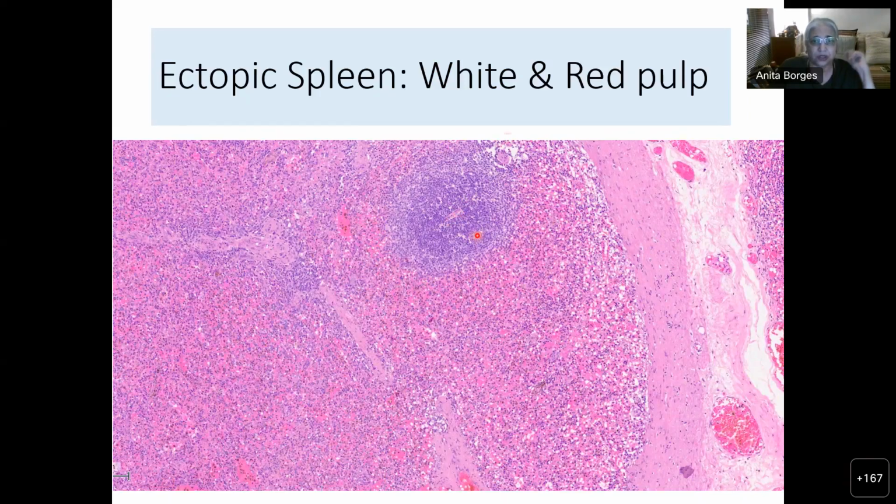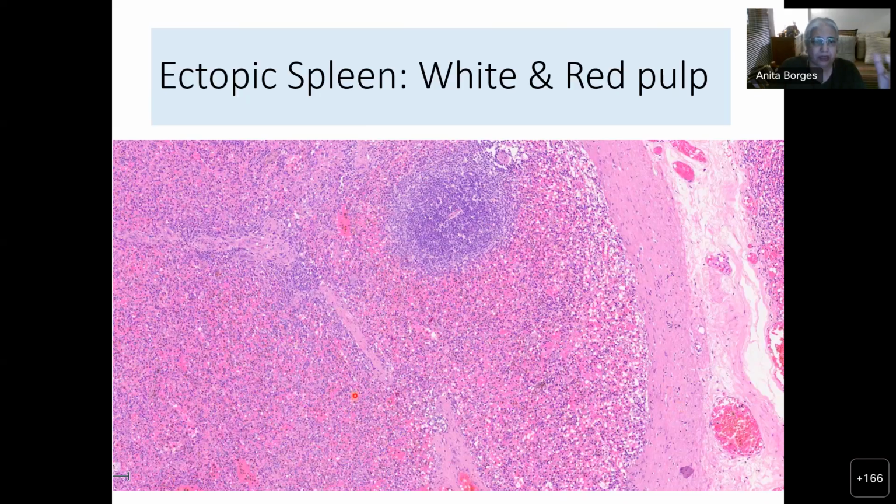These are not tingible body macrophages. You see a dark zone around this arteriole, and you see a lighter zone around it. And then there is the red pulp, which is congested. In this case, you see the trabeculae going into the spleen. That is so typical of a spleen.